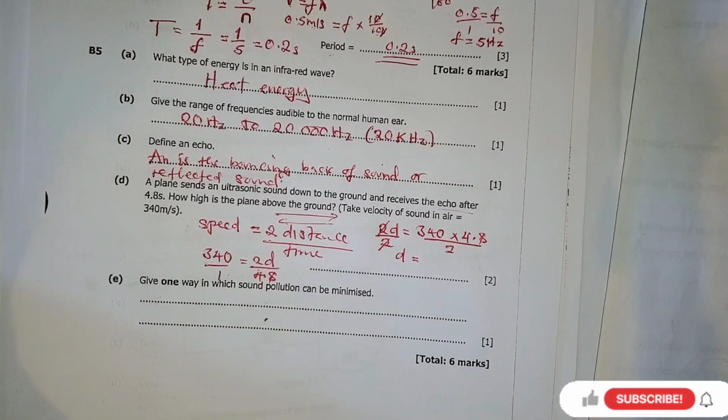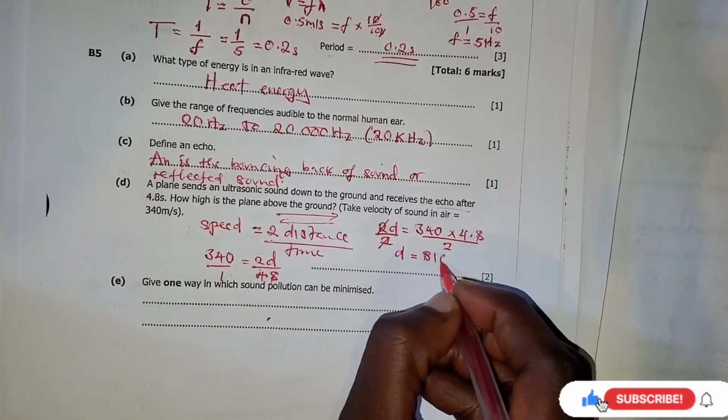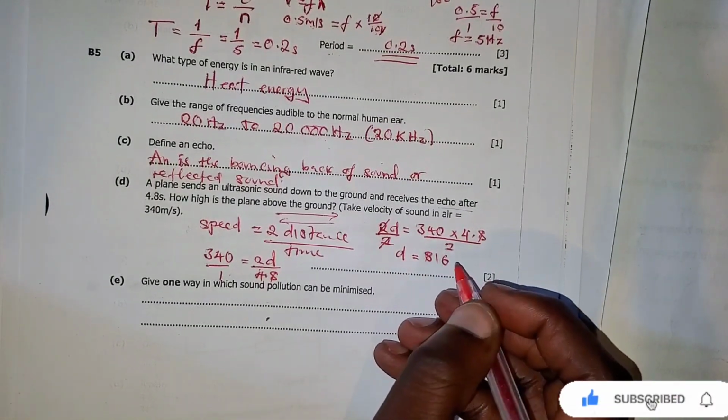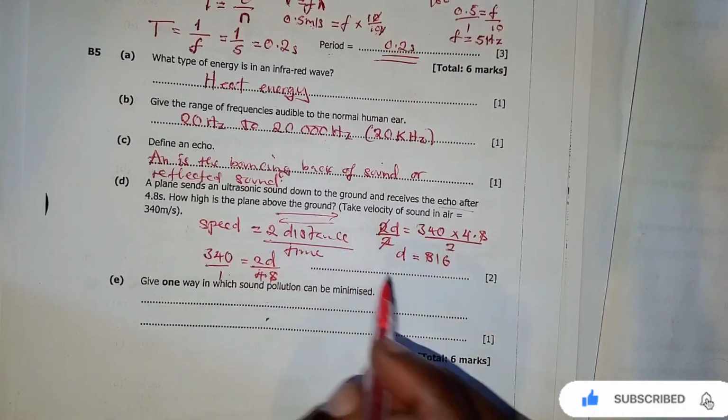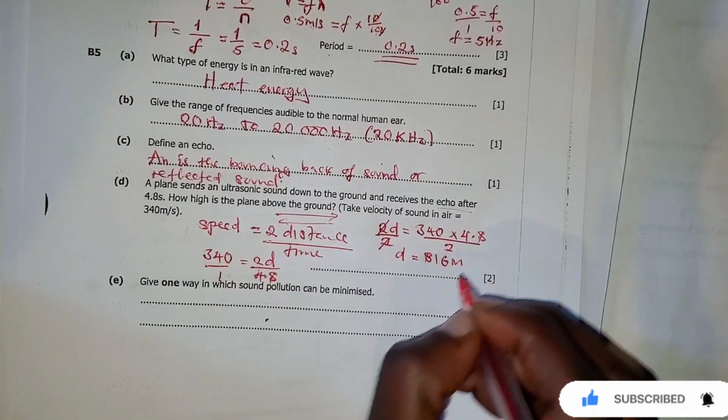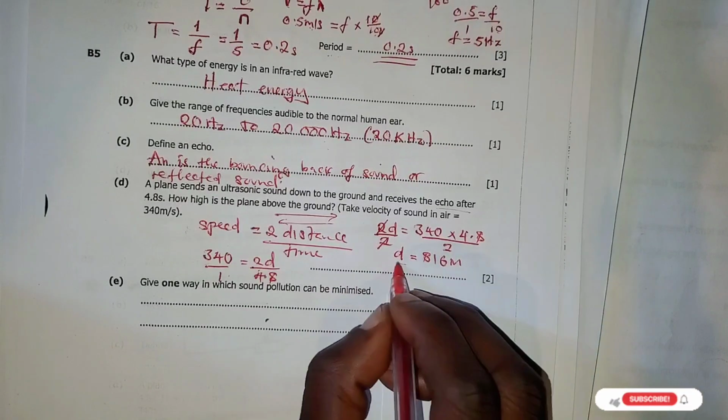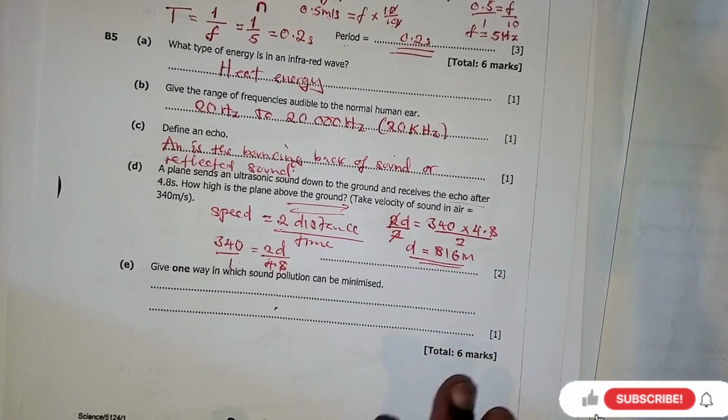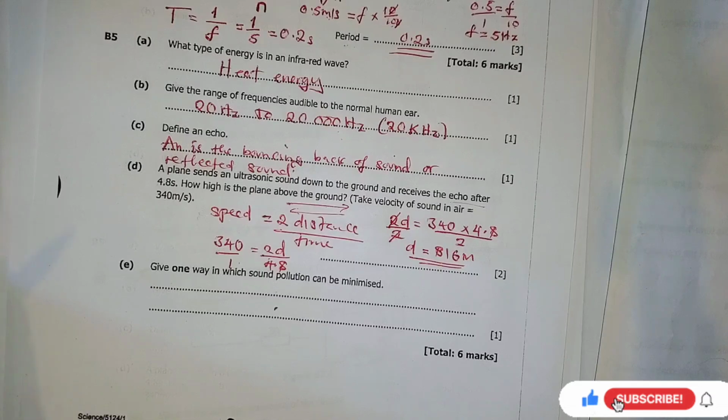When you use a calculator, 340 times 4.8 divided by 2 is giving me 816. So this is distance, so it is 816 meters. Okay, so that is the answer, 816 meters. All right, let's proceed.